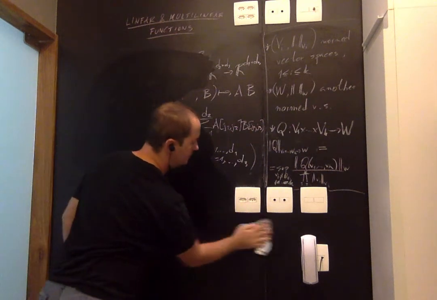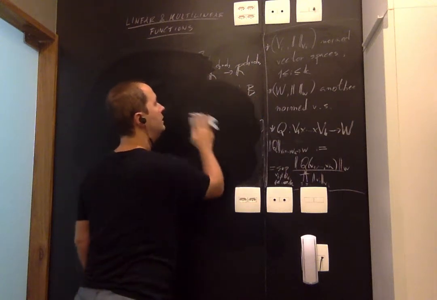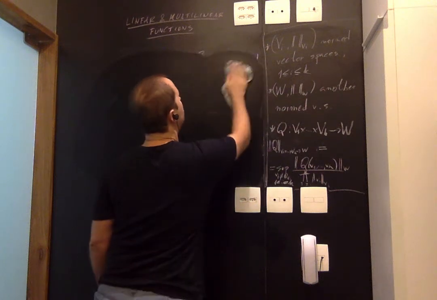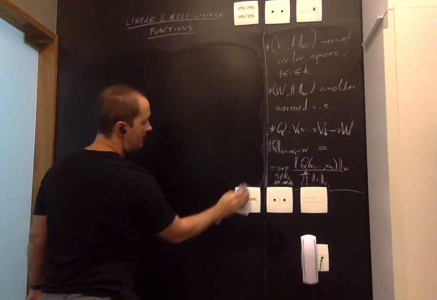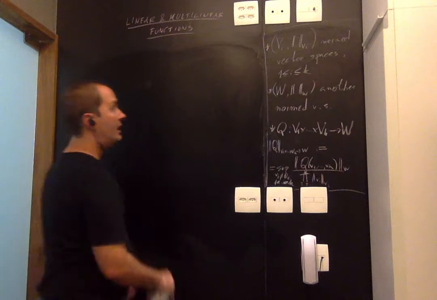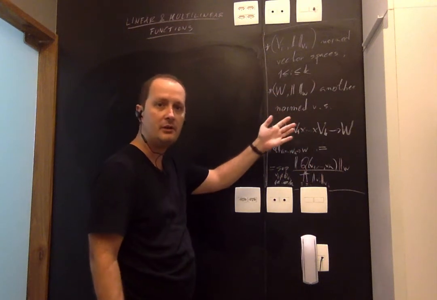What are we missing? In order to talk about continuity, we need a metric. We need a way to measure distances. In the case of linear transformations, there's really not much to be done because we had one vector space in the input, and that has a norm, and the norm gives us a metric.